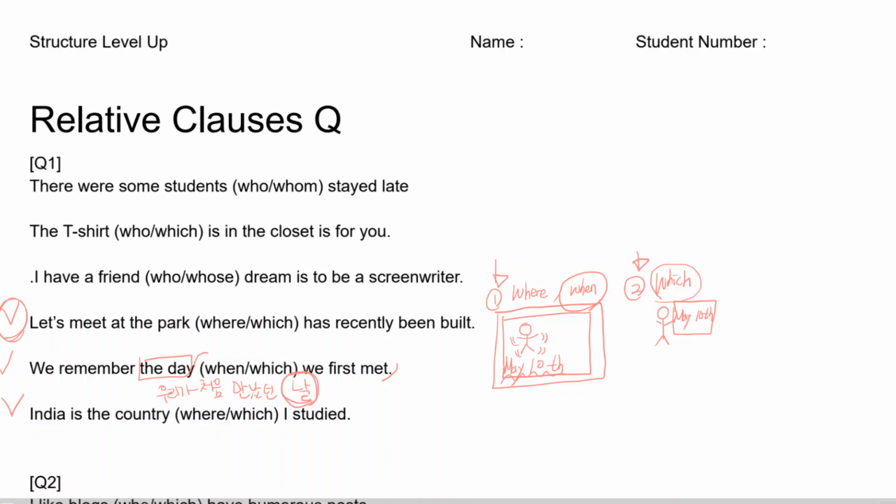In the day we first met, this is the first situation, or we are doing something to the day, or we are meeting the day. Did we meet the day, or did we meet in the day? Yes, it's very difficult, right? So we met in the day. So something happened in the day, right? We were in the situation, so we have to say when. Okay? All right, let's move on.